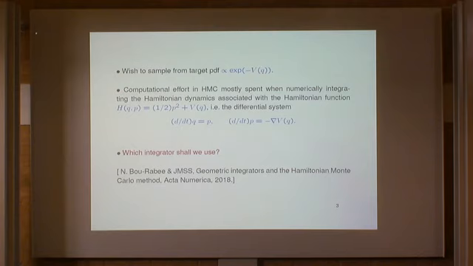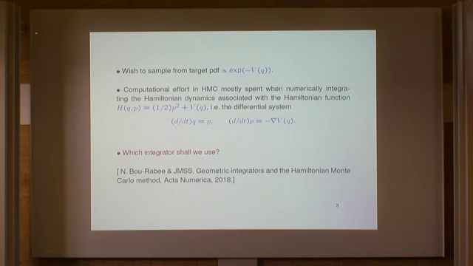So there are many ways in which you could obtain samples from this distribution, but one that has become extremely popular in the statistics literature in recent years is what the statisticians call the Hamiltonian Monte Carlo method.